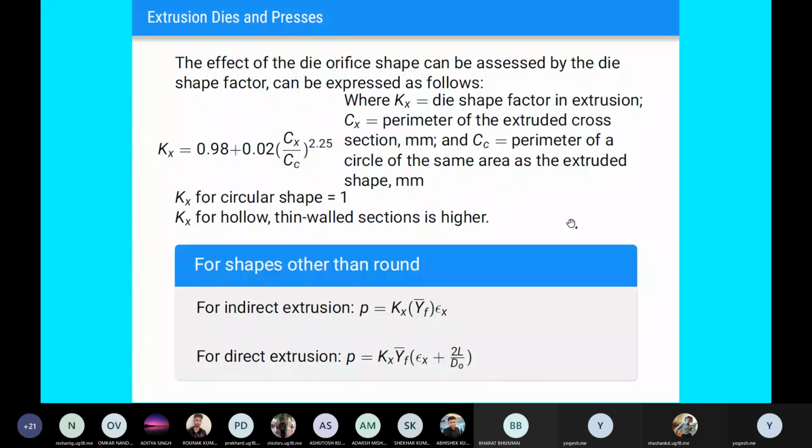For shapes other than round, that is other than circular cross sections, the pressure is calculated as P equal to kx yf epsilon x. Earlier it was yf into epsilon x. Now your shape factor comes into the picture if we are having shapes other than round. Similarly for direct extrusion, P equal to kx yf multiplied by the summation of epsilon x plus 2L upon Do.